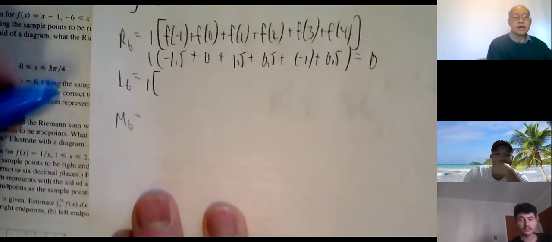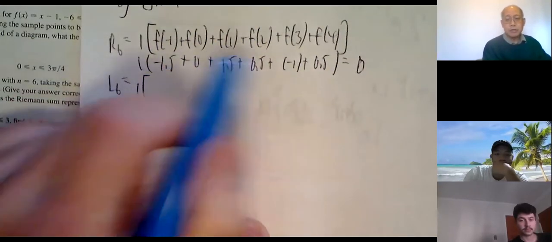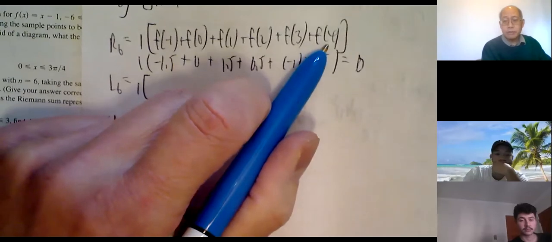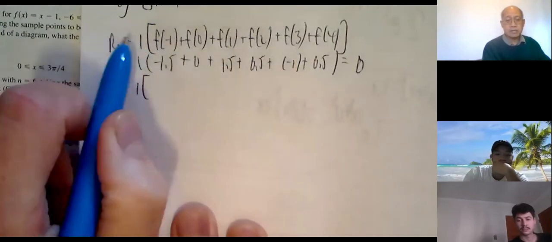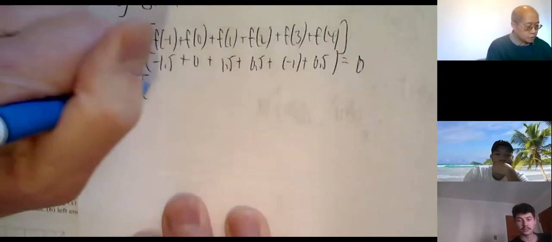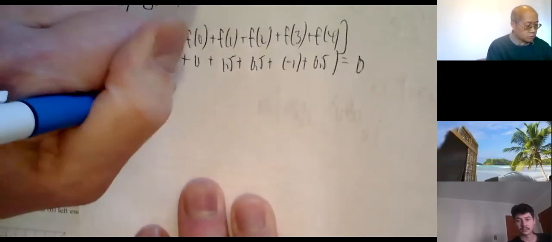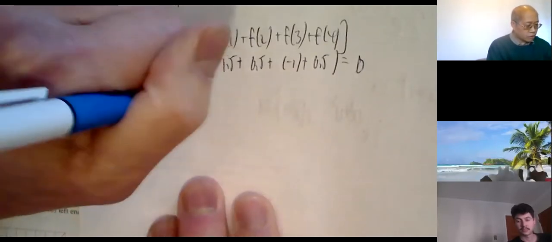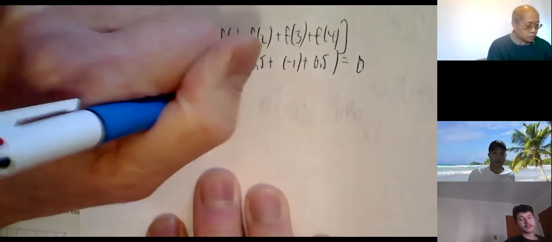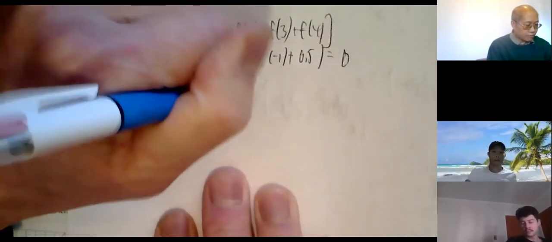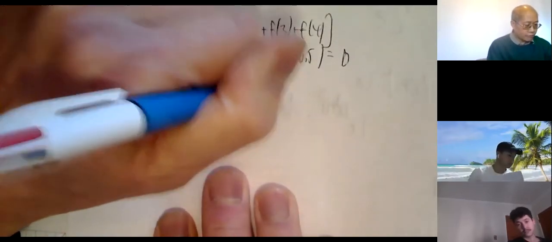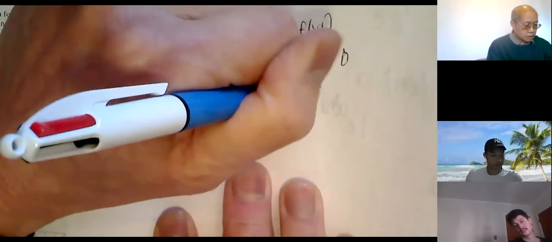So 1 times, essentially what happens is that you throw out f of 4, you keep all these other guys, and you put in f of -2. So f of -2 plus f of -1 plus f of 0 plus f of 1 plus f of 2 plus f of 3.